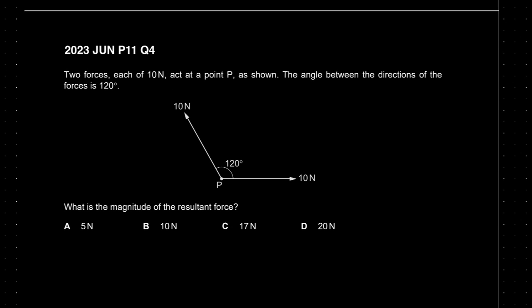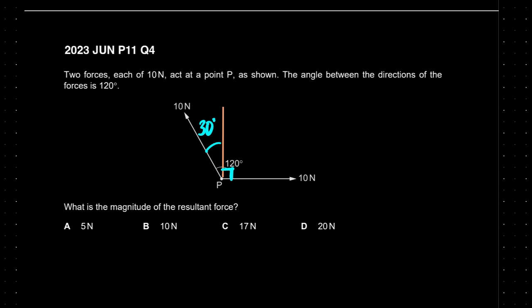Two forces each of 10 Newton act on a point P as shown. The angle between the directions is 120. What is the magnitude of the resultant force? Again, with resolution, there are a lot of ways to do this. For example, if I make an imaginary line here, if this angle is 90, because that's the idea of resolution, when you break up forces into perpendicular components, then 120 minus 90 is 30, right?